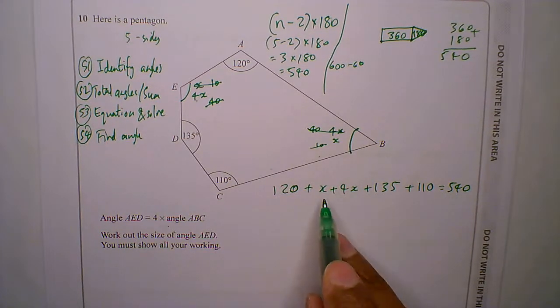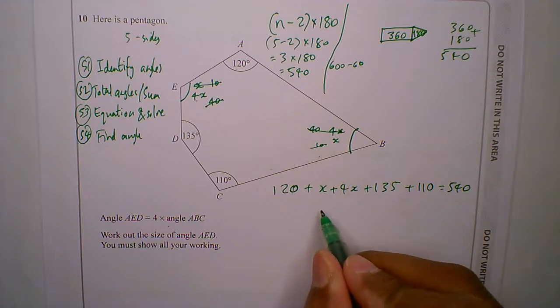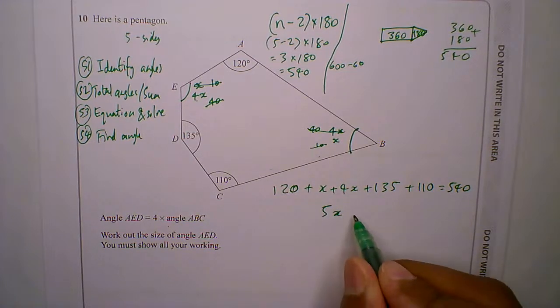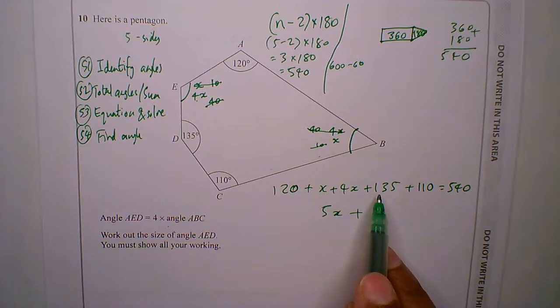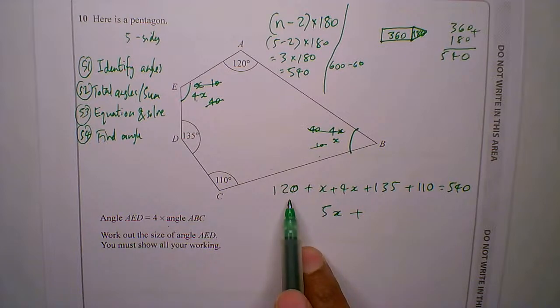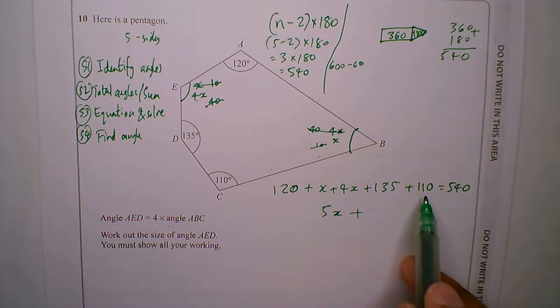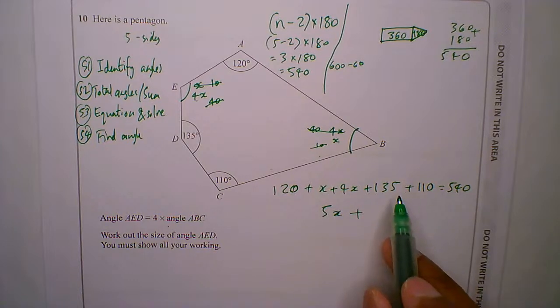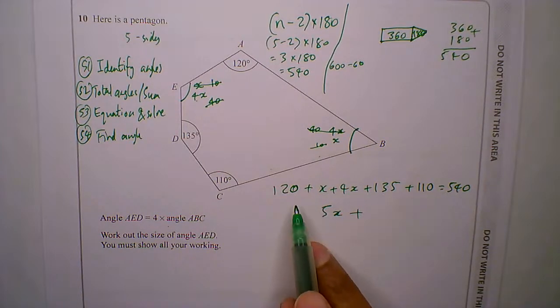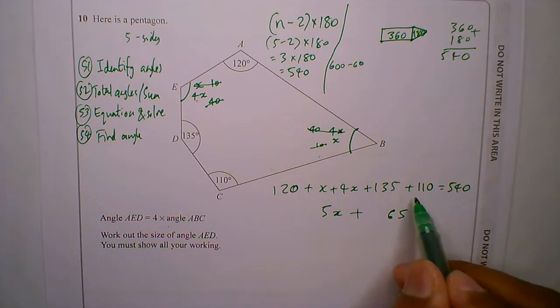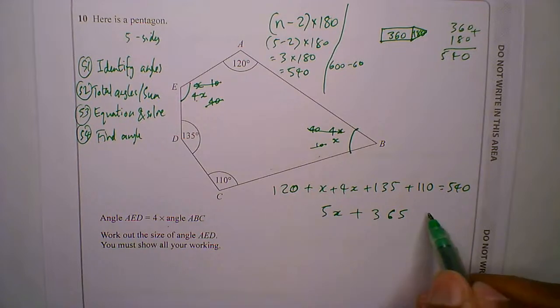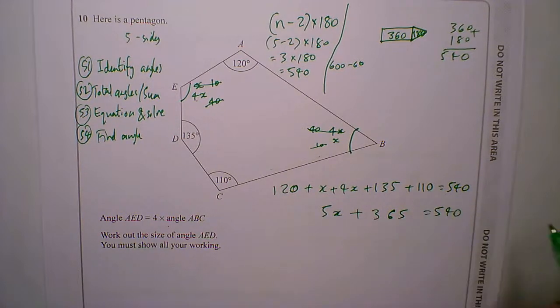Okay, so what does that give me? 4x plus 1x is 5x, plus I've got 100, 200, 300 there, 20 plus 35, 45, 55 plus 10 is 65. So 365 equals 540.